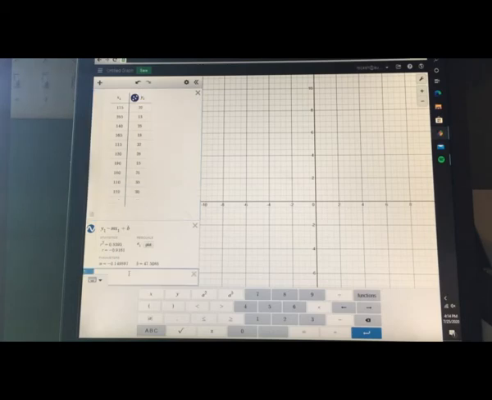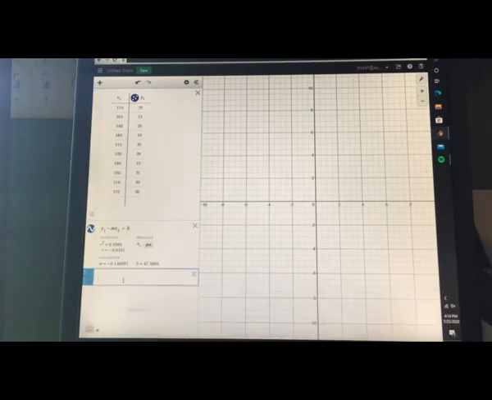I'm going to go down here to row 3 and I'm going to type in y equals m is negative 0.149897, and then b is positive, so that'll be a plus. Oh, I forgot my x.